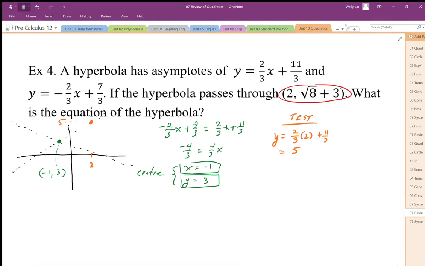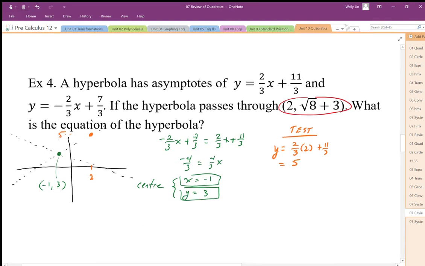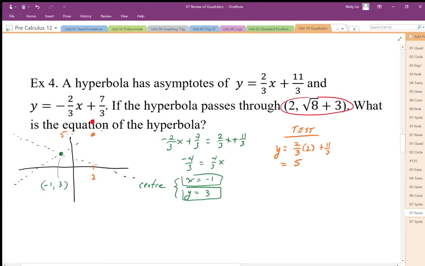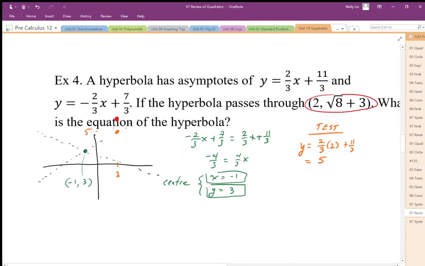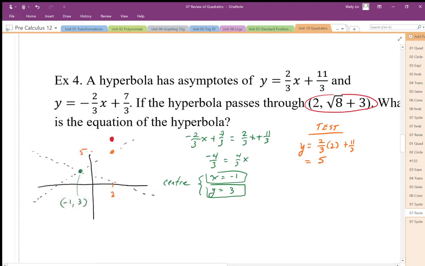So that coordinate is going to be right about here. I'm going to pull this down a little bit so I can play around with it, because it looks like it's going to be trans y. So there's my coordinate, 2, for x, root 8 plus 3, that red dot right there.